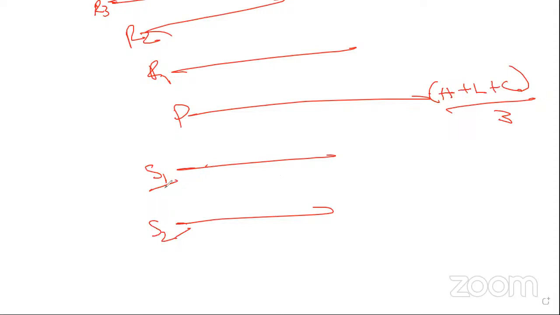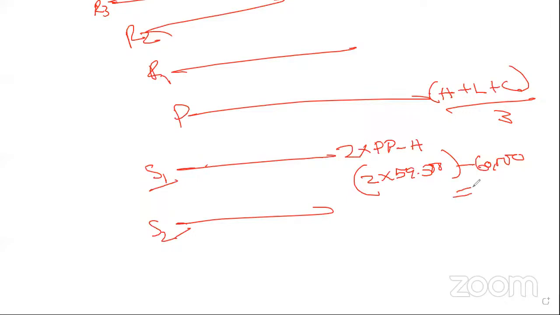Now, what is support 1? Support 1 is 2 times the pivot point minus the high, which is 2 times 59,500 minus the high, which was 60,000.